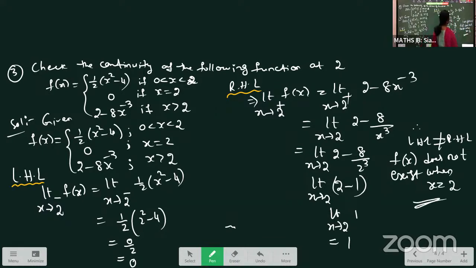So like this, you have to give the conclusion. If suppose you get left hand limit and right hand limit is same, then you have to say LHL is equal to RHL, f of x is continuous at x is equal to 2. And here again you have to check when x is equal to 2, the value also supposed to be same. Then you can write it as continuous.